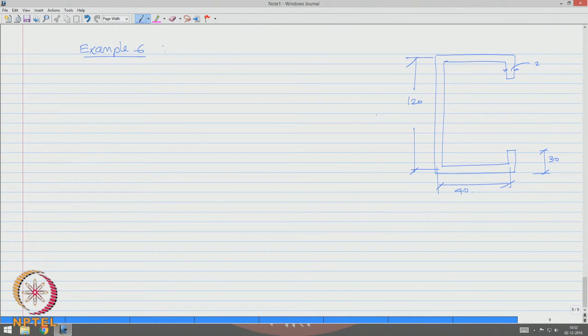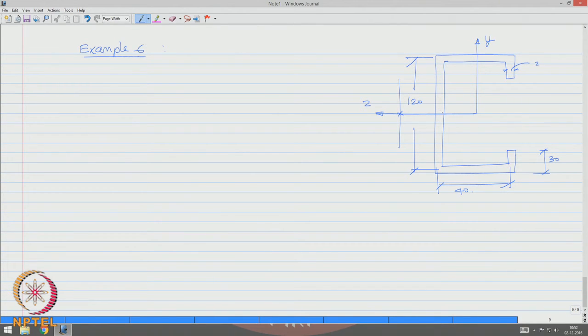We know that this has two axes marked like this, out of which one is the axis of symmetry. So, the shear center needs to lie on this. Let us say this is my plane where the resultant force needs to be applied.